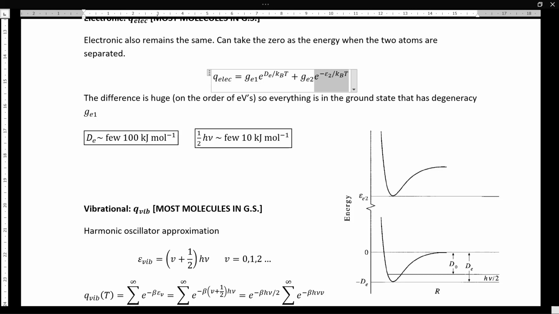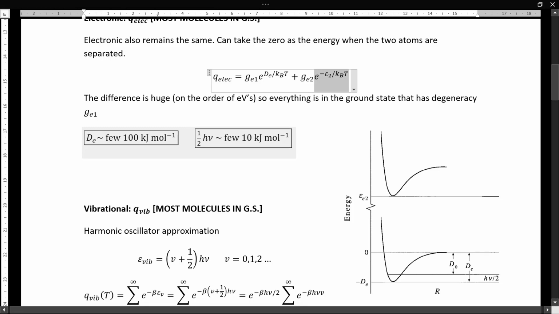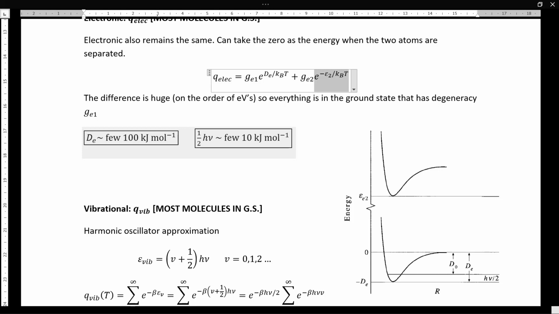Now, if you look at the energy difference, dE happens to be on the order of a few hundred kilojoules. These are typically bond strengths. These are on the order of a few 200, 400, 600 kilojoules per mole.